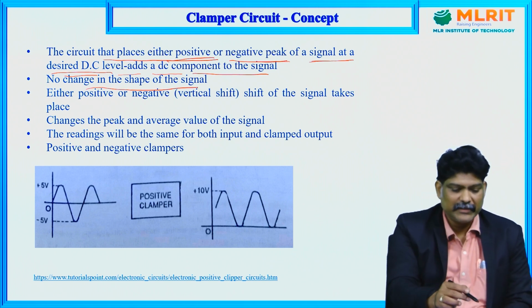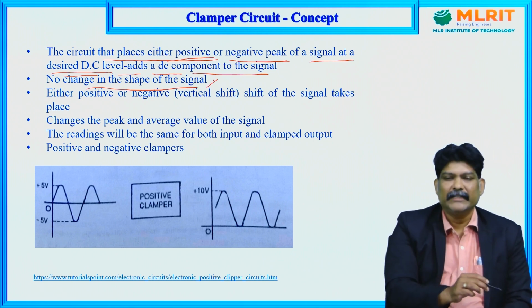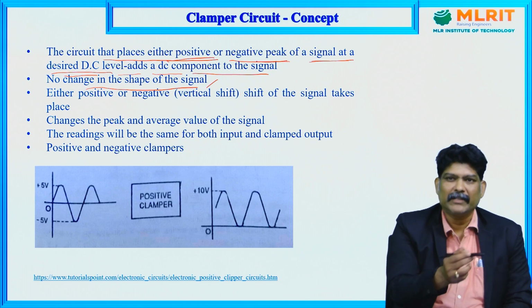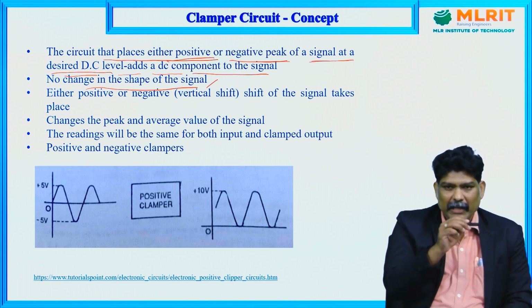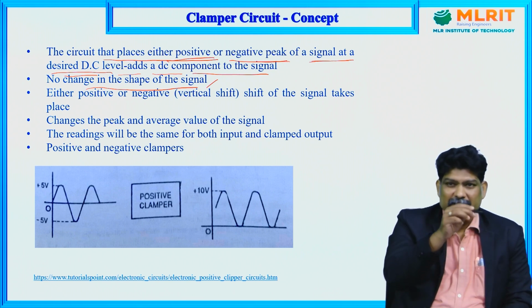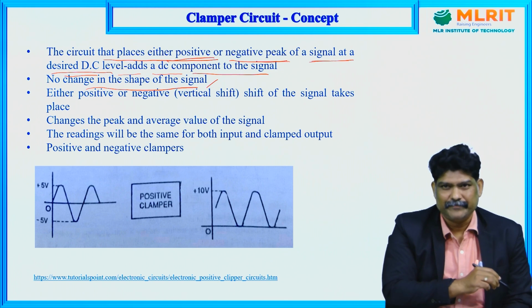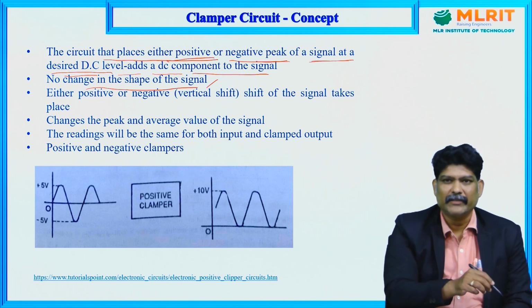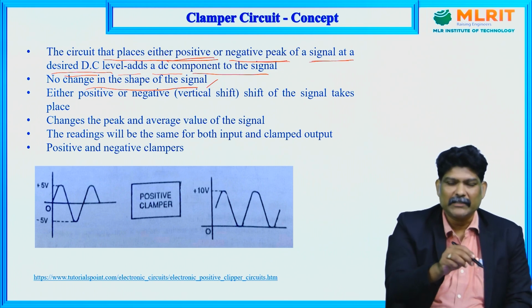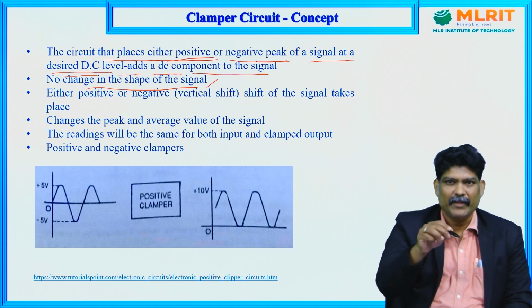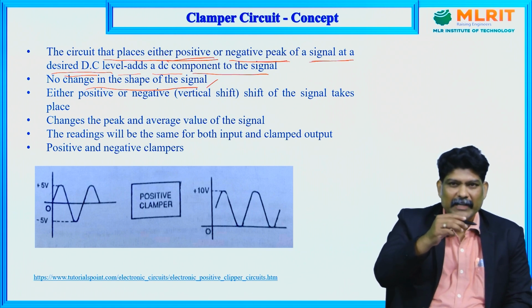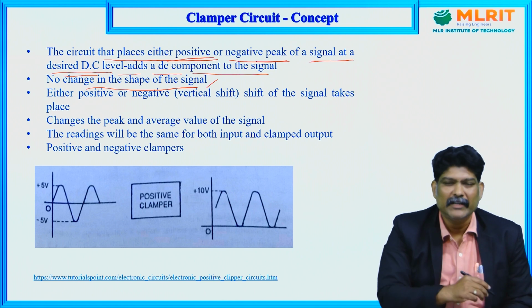This is a very important point. When you compare the clamper with clipper circuits, in clipper circuits the shape of the signal is disturbed, whereas the clamper circuit does not change the shape. It does not alter the peak to peak value of the input signal.